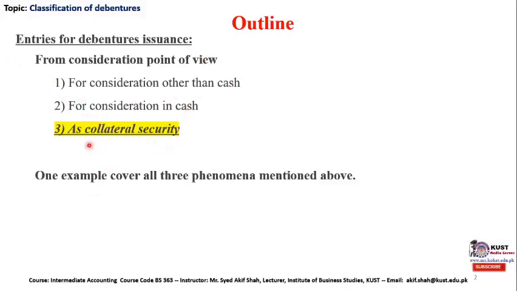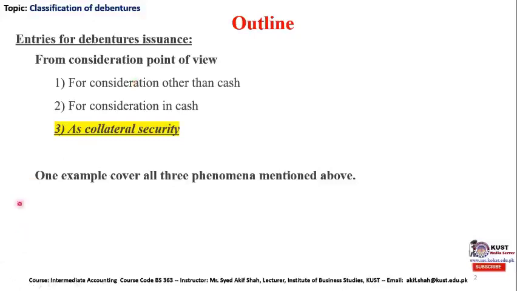In this lecture number 14, we will particularly focus on the debenture issuance as a collateral security to the bank or any depository institution from which we are obtaining the loan as a debt instrument, and in return the company is looking to issue the debentures as collateral security to that depository institution.